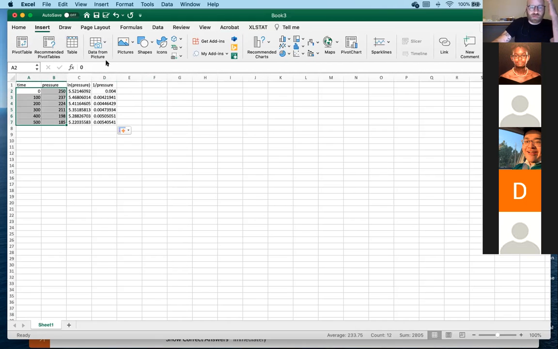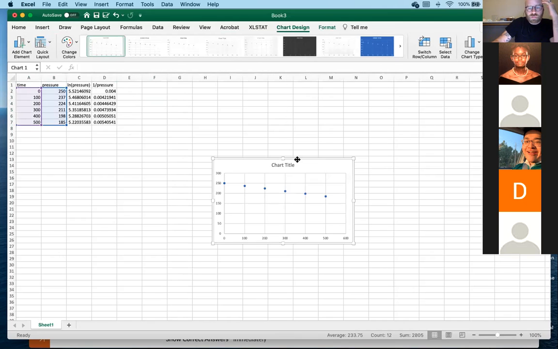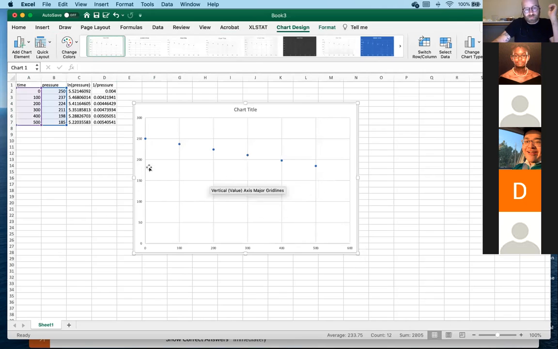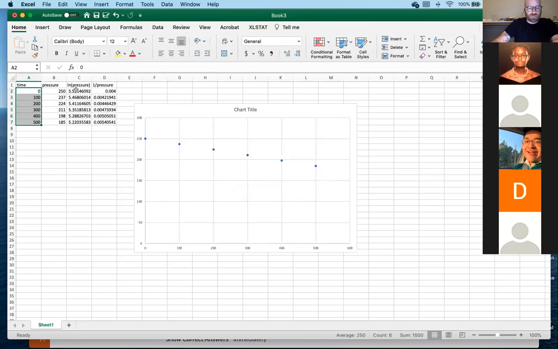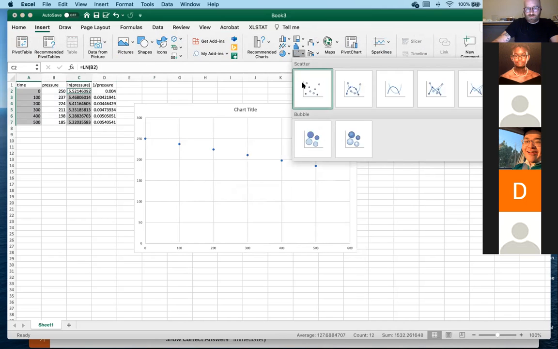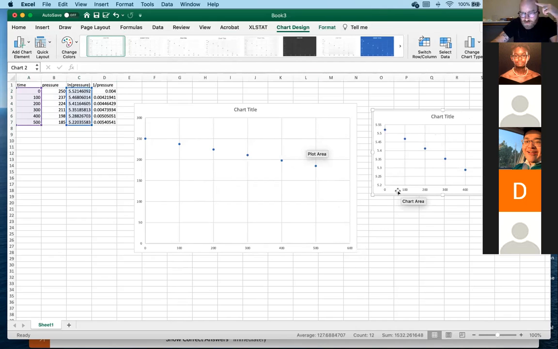So if we insert a plot for this, looks pretty linear to me. It's hard to say with the damn scale. Versus that, that looks very linear.